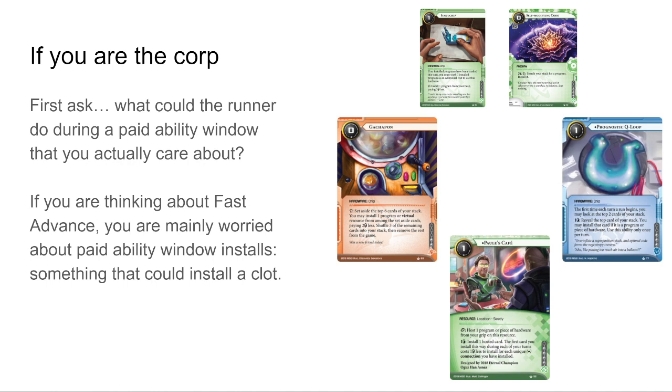So if you're thinking about Fast Advance, you're worried about paid ability windows that could install Clot. There's a lot of them. And if you're worried about something else, think generally about what the runner or the corp can do during a paid ability window.